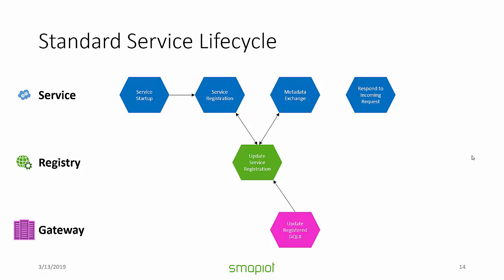And finally, if we are done with this registration, our gateway gets the updated schema, which is already outlined here as GQLX. And we will soon see what GQLX, which is short for GraphQL Extended, really means. Now, when a request comes in, it is resolved on the gateway.